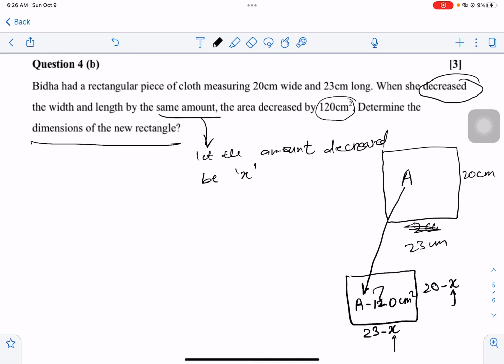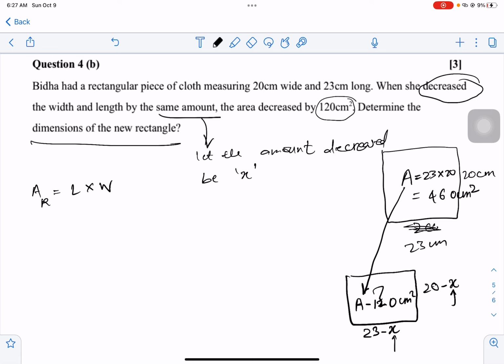Now we know that the area of a rectangle is length times the width. In this case, the area of this rectangle is 23 times 20, which is equal to 460 centimeters square.